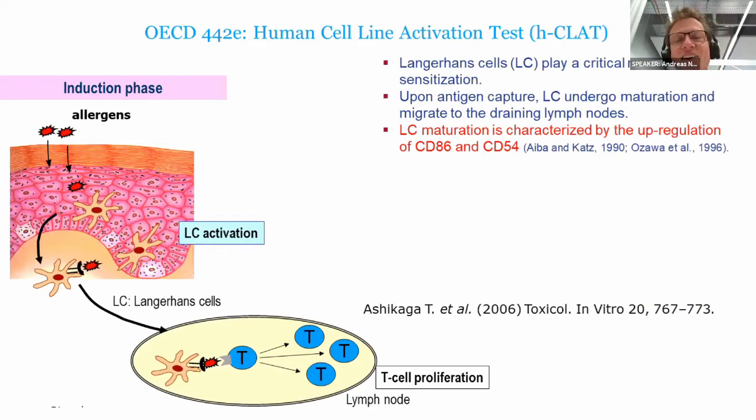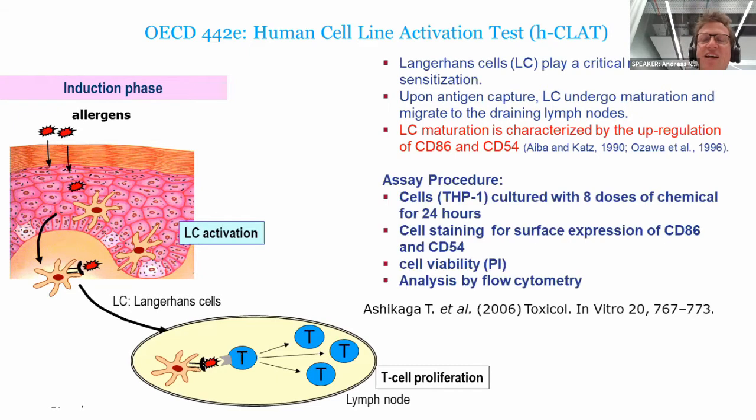And the third key event covered in 442E looks at a surrogate of Langerhans cell activation. So here it's not really Langerhans cells, but it's a THP1 cell culture, which is dosed with chemicals, and then the induction of surface expression of some key maturation markers, CD86 and CD54, is evaluated.